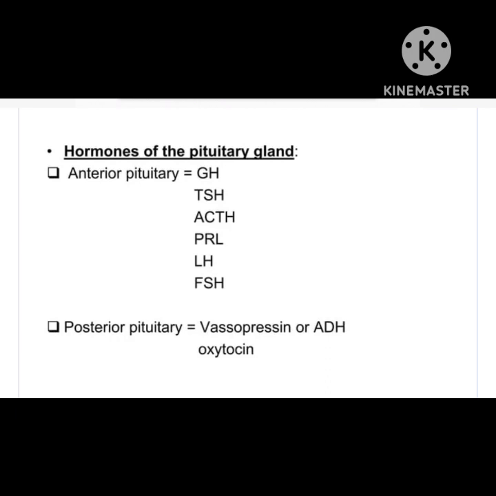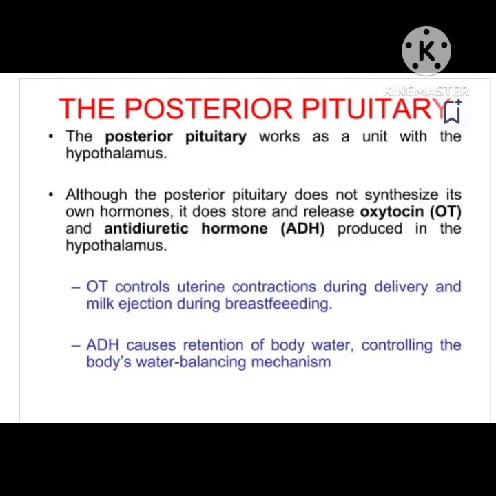You can see here the anterior pituitary includes hormones like GH, that is growth hormone, and different types of other hormones, from the anterior pituitary and posterior pituitary. First we'll discuss the posterior pituitary. The posterior pituitary works as a unit with the hypothalamus.